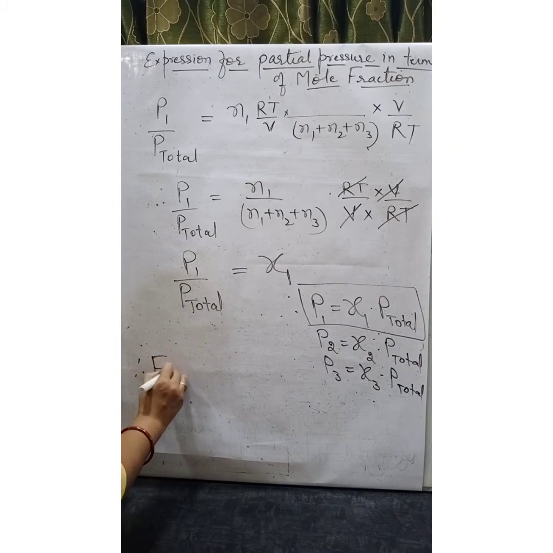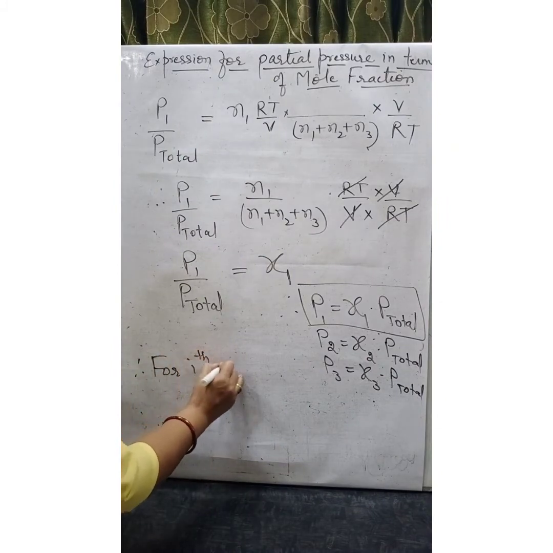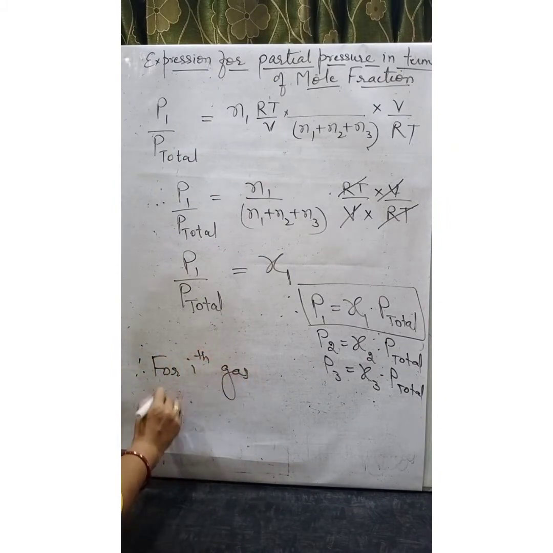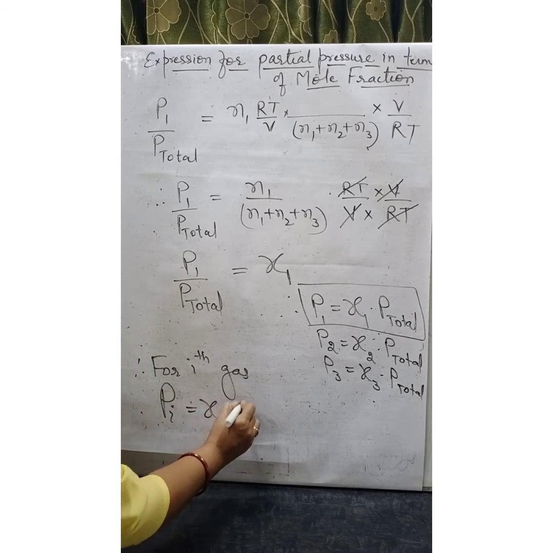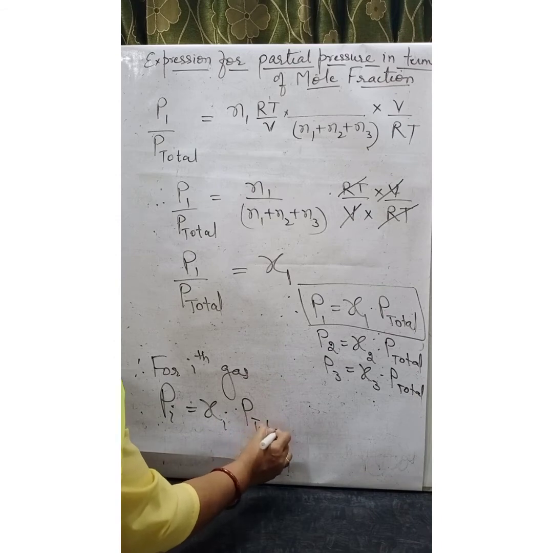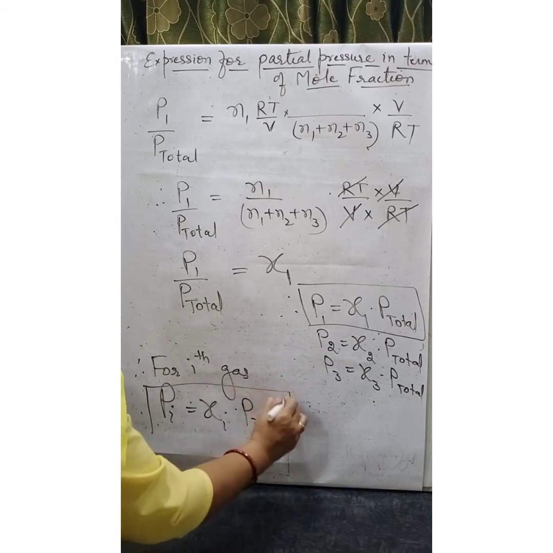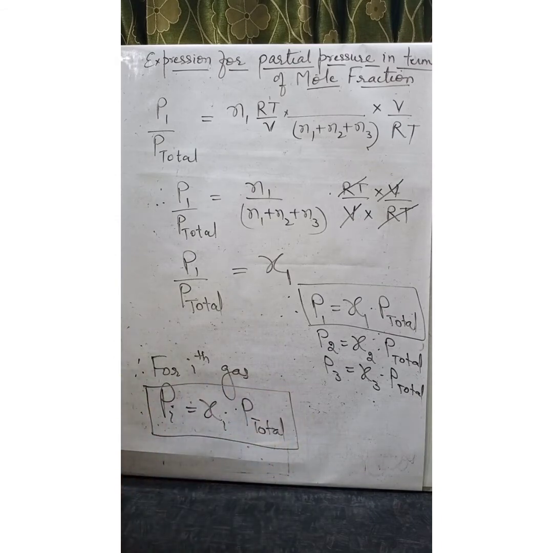Therefore, for the ith gas we can write Pi is equal to Xi into P total. So this is the general expression for the relation between partial pressure and mole fraction, or we can say it is the expression for partial pressure in terms of mole fraction.